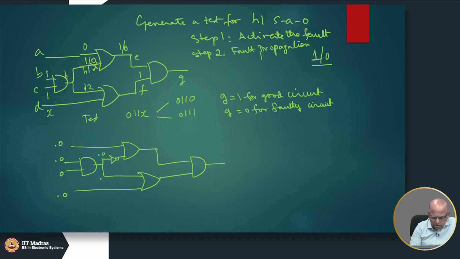Similarly, see the stuck at 1 here and the stuck at 1 here are same, and the stuck at 1 here is equal to stuck at 0 here. So, I should be able to eliminate this guy here. Okay. So, it is an inverter.